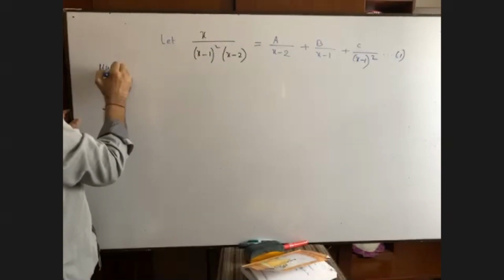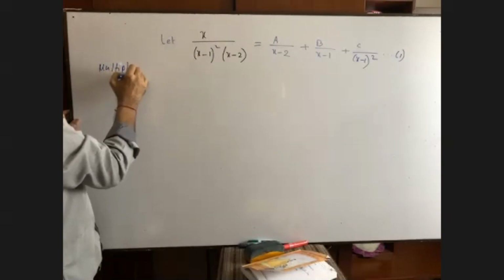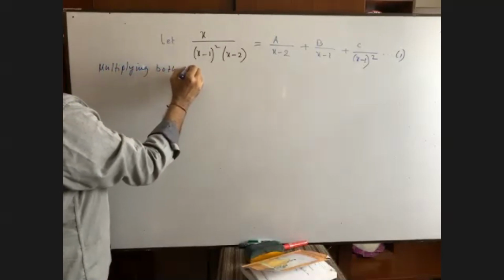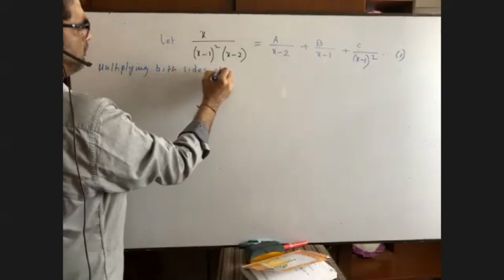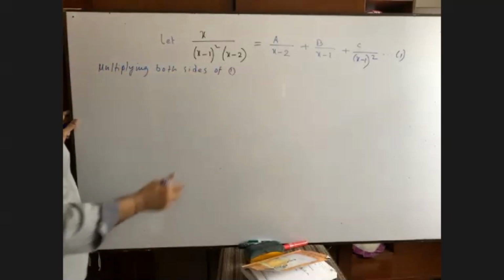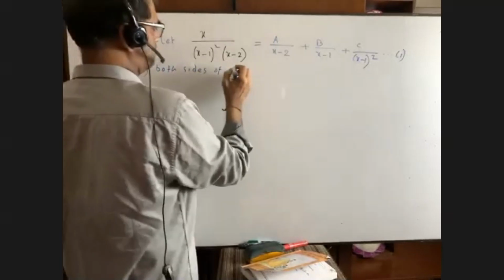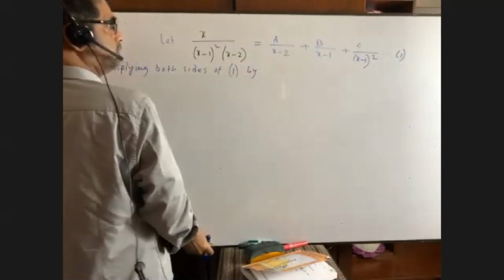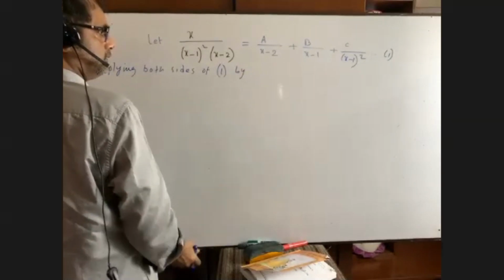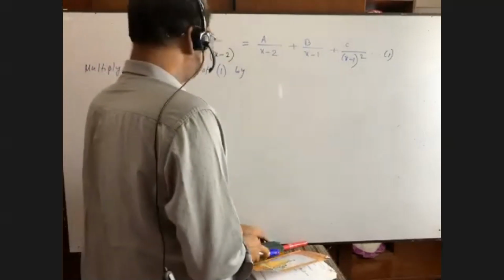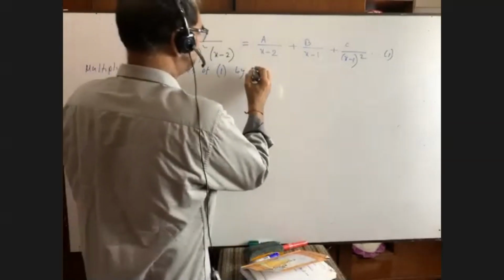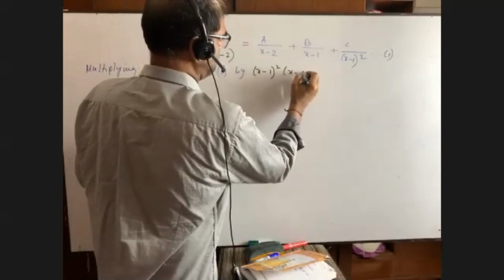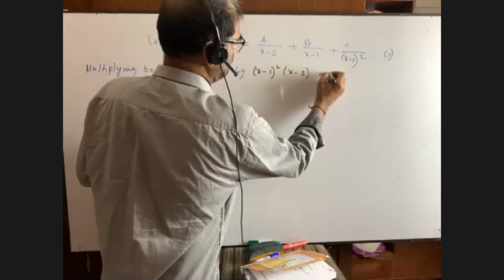Multiplying both sides of 1, we are going to multiply it by x minus 1 whole square into x minus 2, we get.